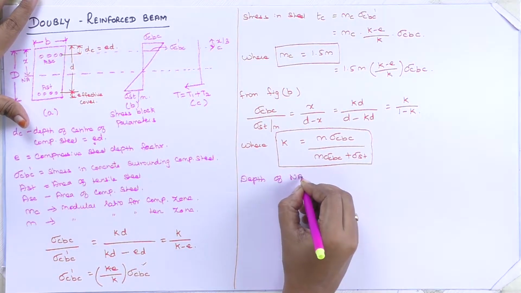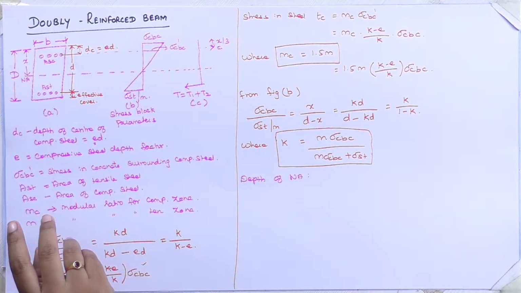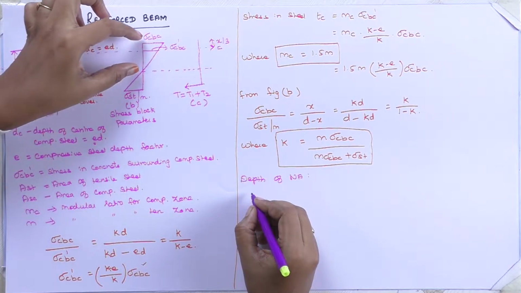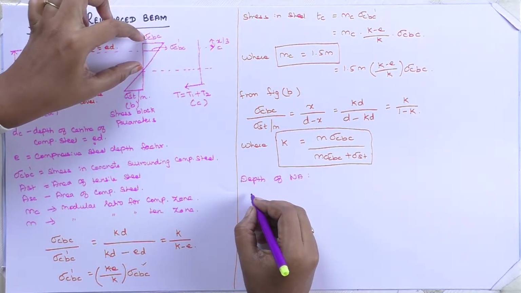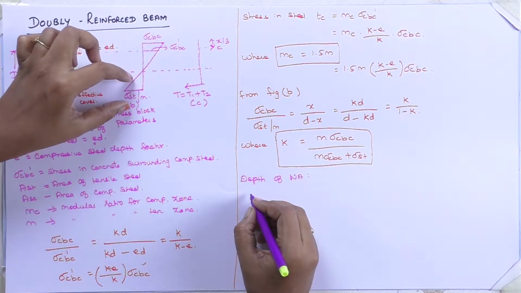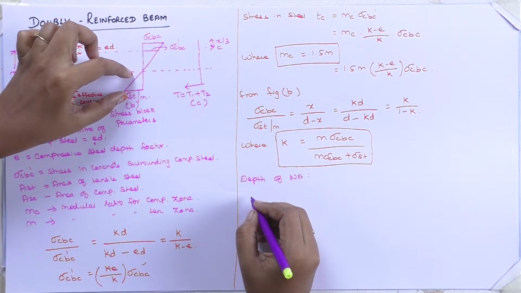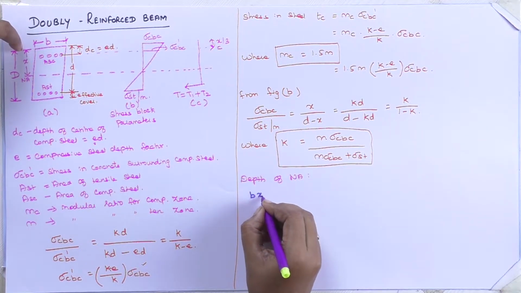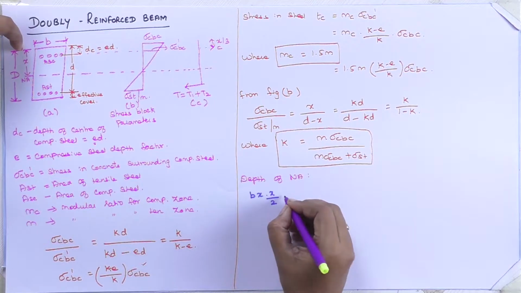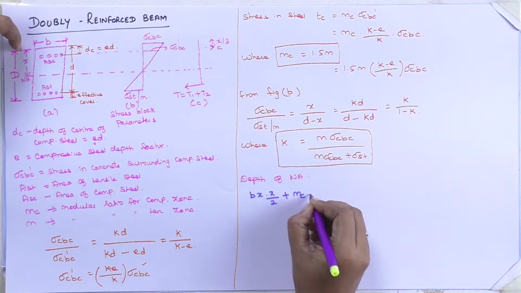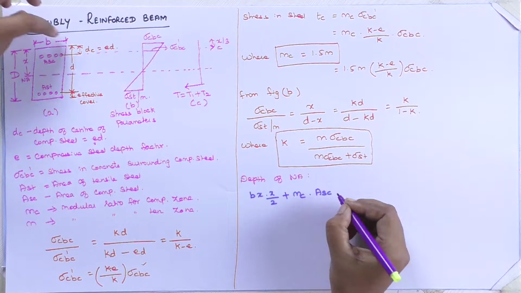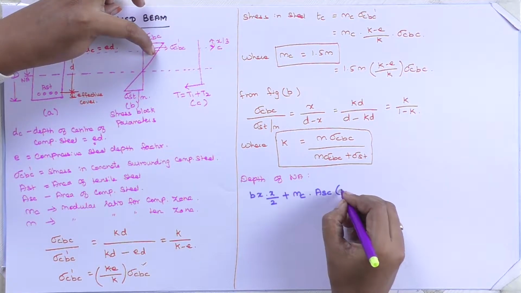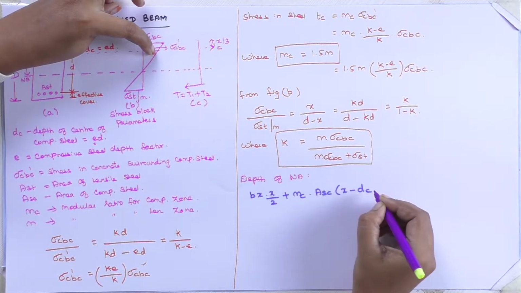Now, next thing, how to calculate the depth of neutral axis. To find the depth of neutral axis, equate the moment of area about the neutral axis of the concrete in the compression zone to the moment of area of the steel in the tension zone. Now, b x into x divided by 2 plus mc into asc, that is at the level of steel you have mc times asc into x minus dc.